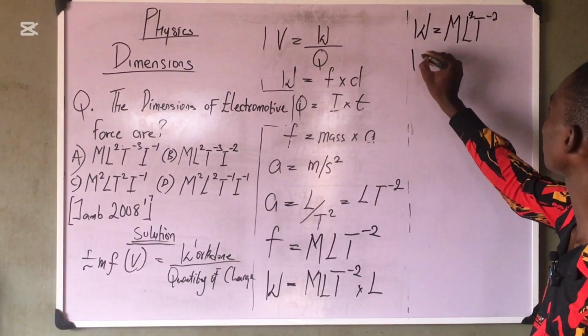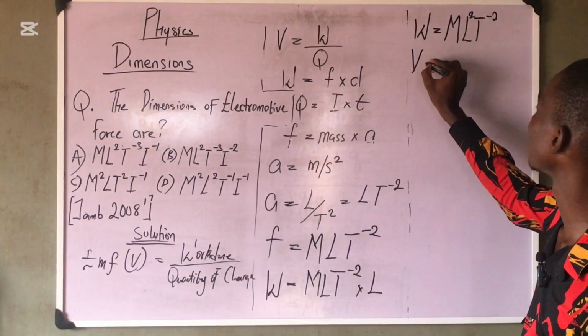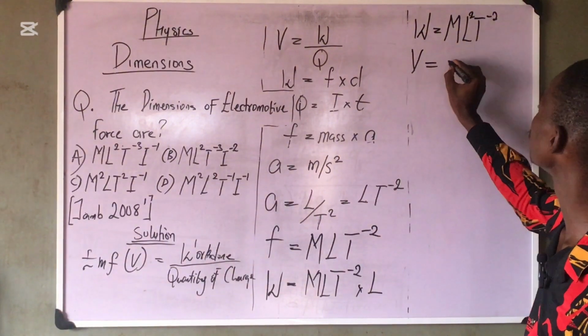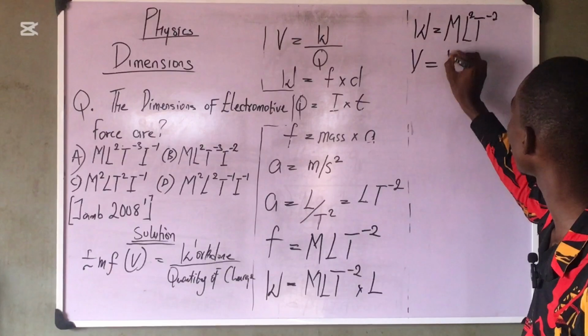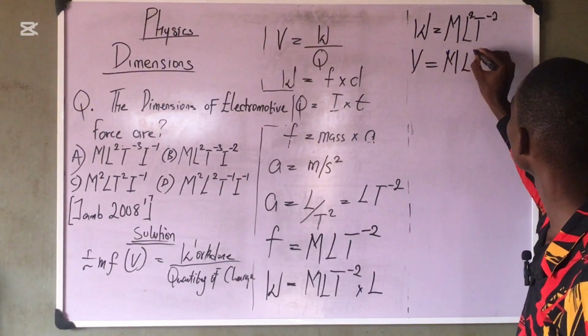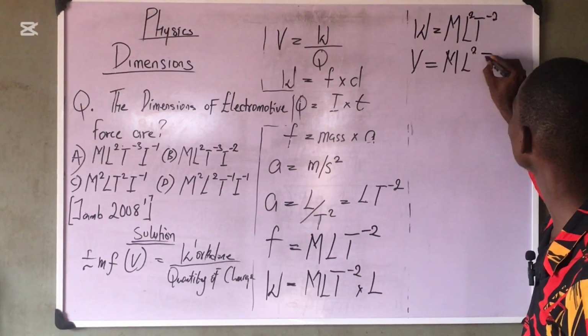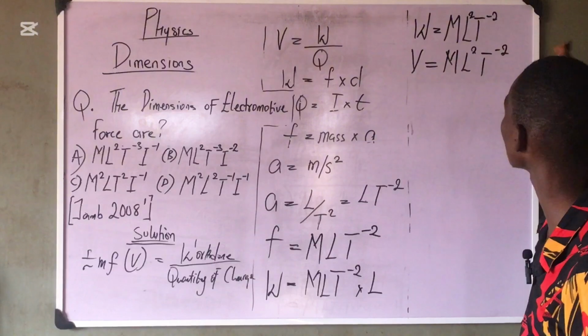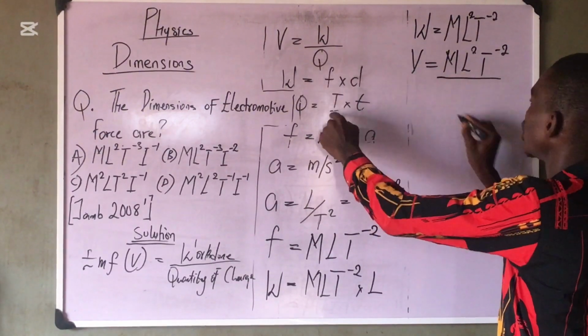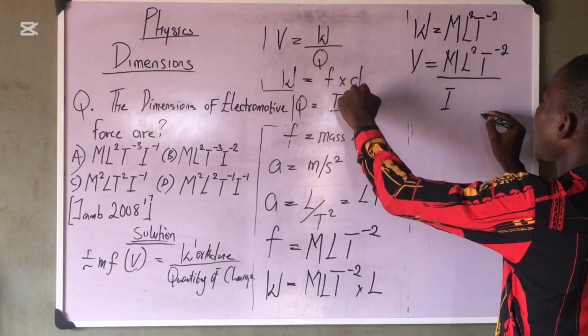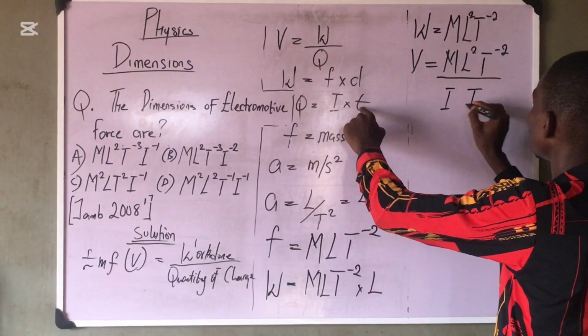Therefore, I will have my potential, the electromotive force, to be equal to work done, which is still my M L squared T raised to power of minus 2, all over current, since charge is current times time. Time is T.